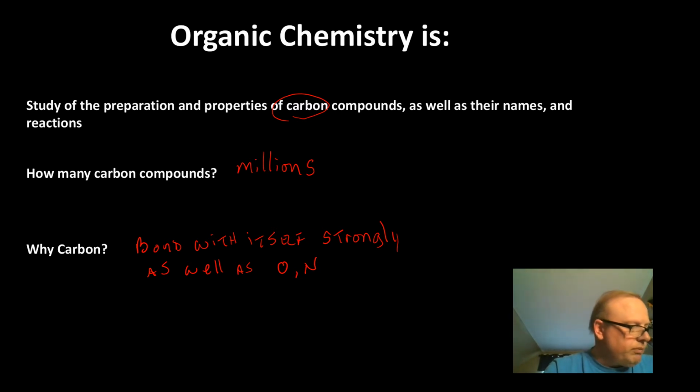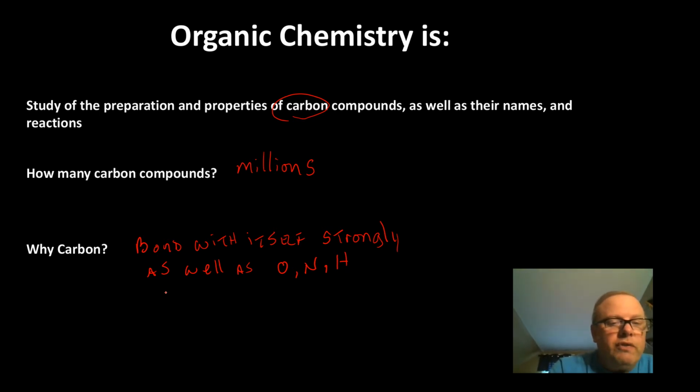What did I say? Hydrogen. Here we go. So it's able to bond with these elements, and then the whole thing pulls together, and it's able to make an almost limitless amount of different compounds.